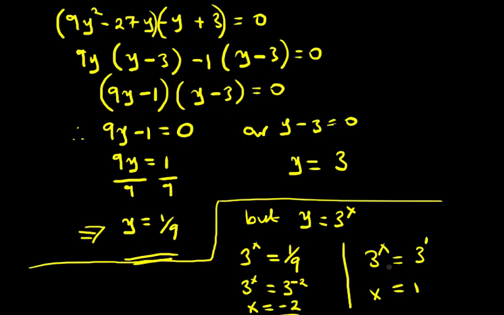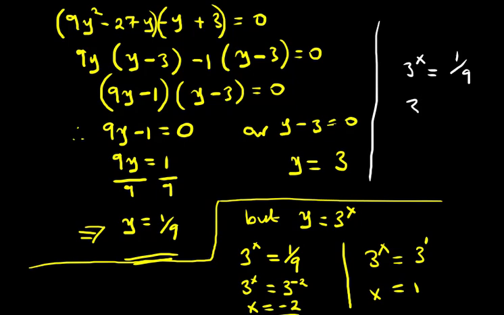Just in case some of you may be wondering how we simplified this, let me just explain it here. Let me use the white pen to differentiate it. To explain this one, 3 power x equal to 1 over 9.